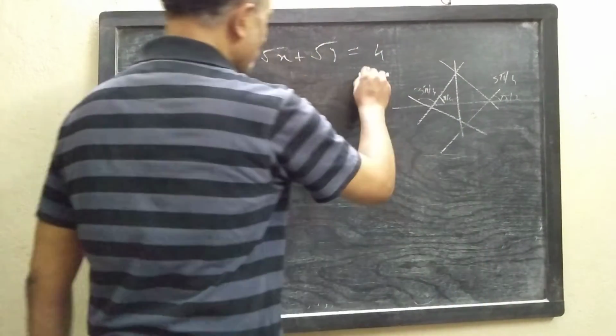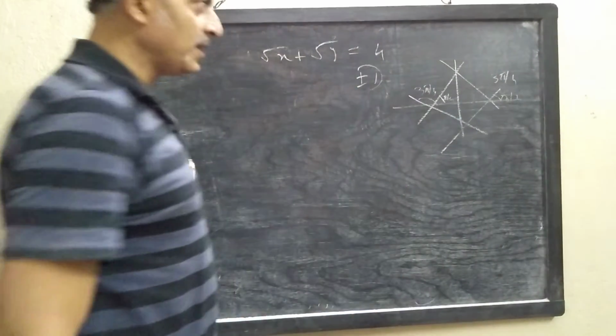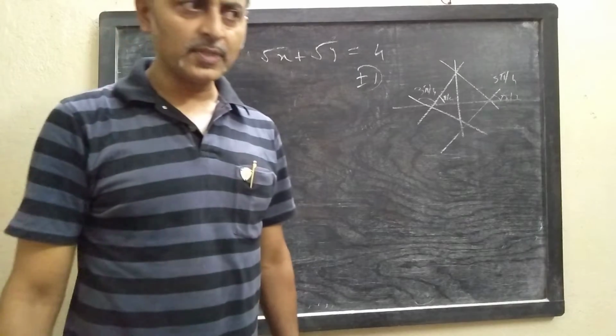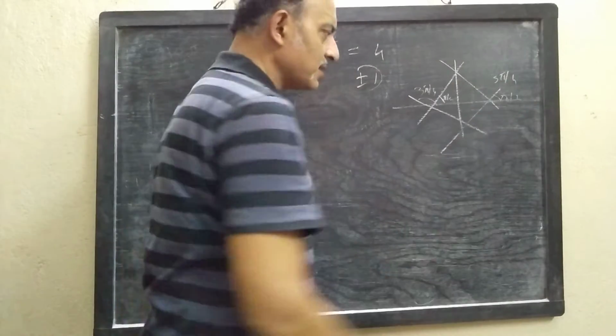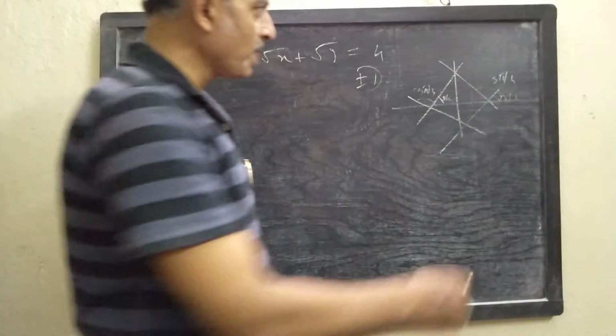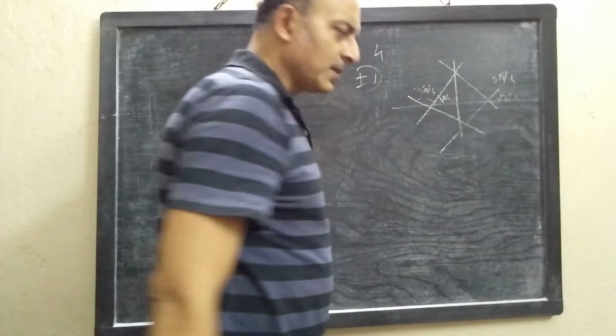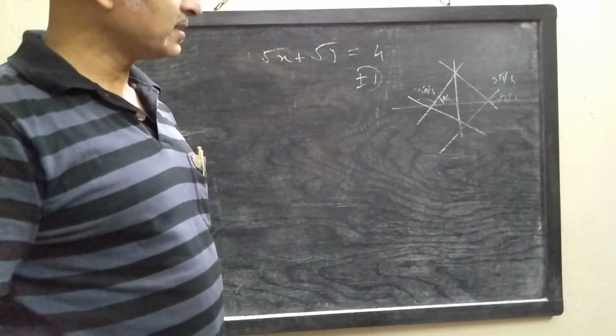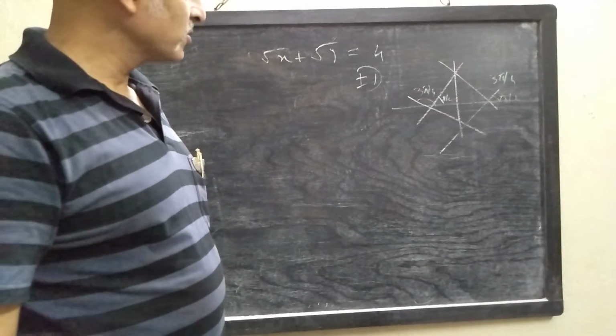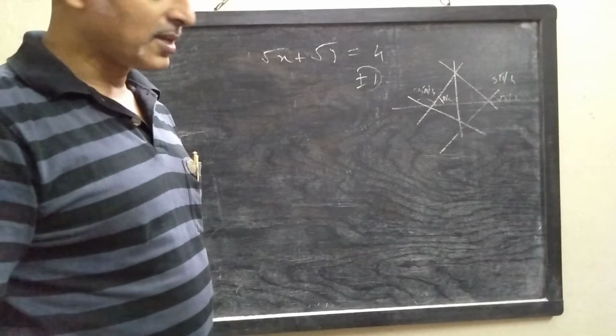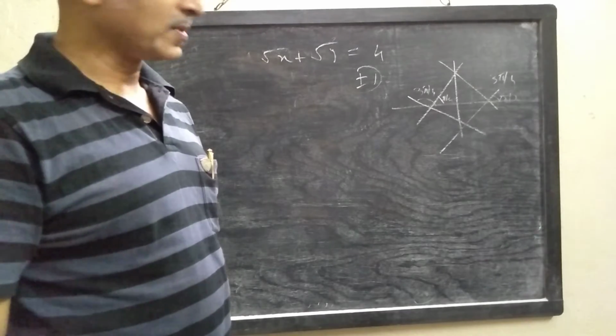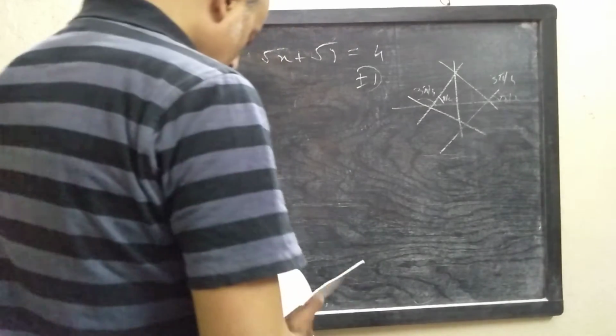So your slopes must be plus minus 1, because when tangent makes pi by 4 with x-axis in these two cases, then their slopes are plus 1, and when tangent makes 3 pi by 4 with x-axis, then its slope is minus 1. So when a tangent is equally inclined to the axis, then its slopes are plus minus 1. This should be noted.